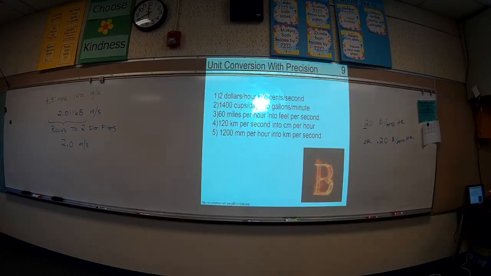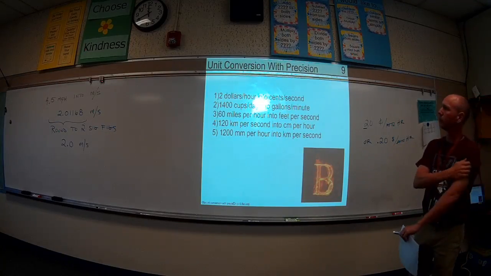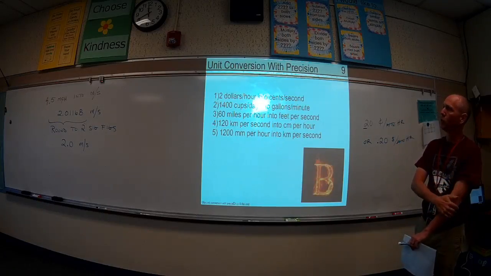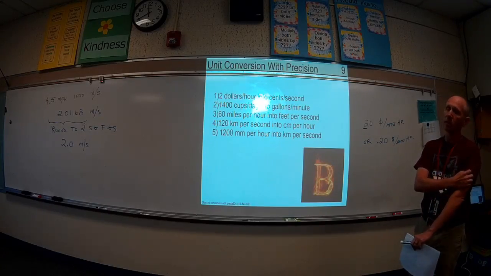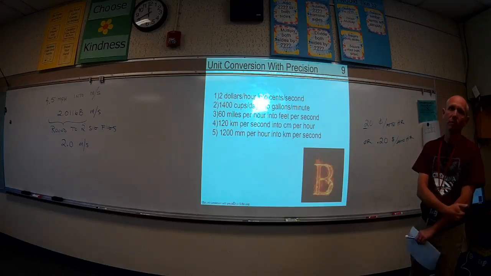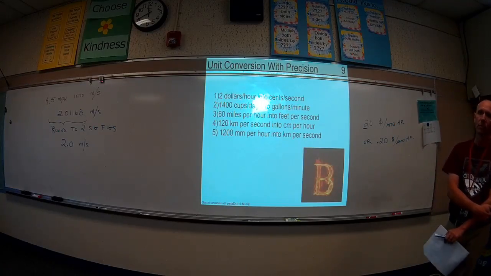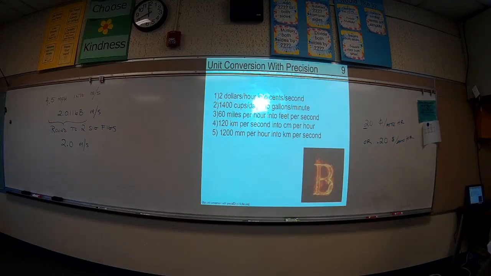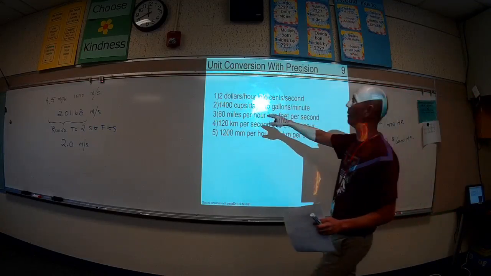Let's go to B, and let's do number 2. But what's the problem with number 2? Aiden: the 1400 is ambiguous. So I have to tell you what to do on this one. We can't tell from this.